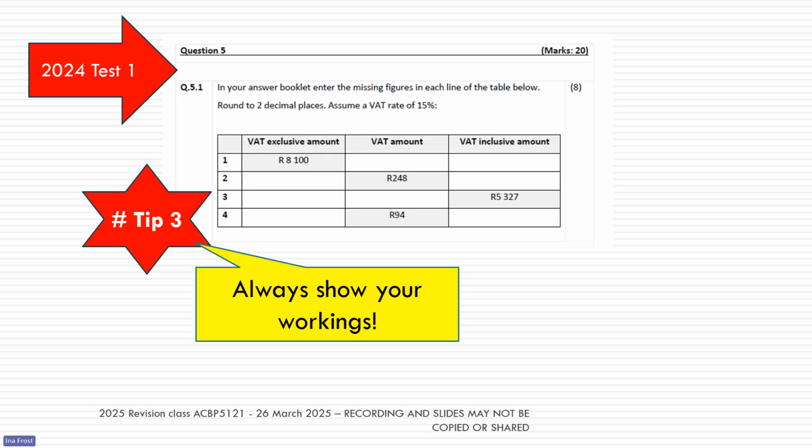It gives you very specific instructions on how to round off all your answers, and it actually gives you what VAT rate to use. So make sure you are reading all your requireds very carefully and picking up on all these little details. Accounting is a game of accuracy, so you have to look for all these little details that we bring into questions.